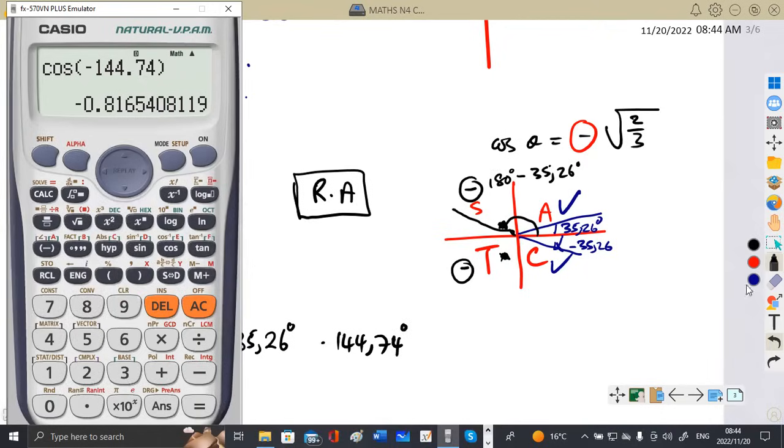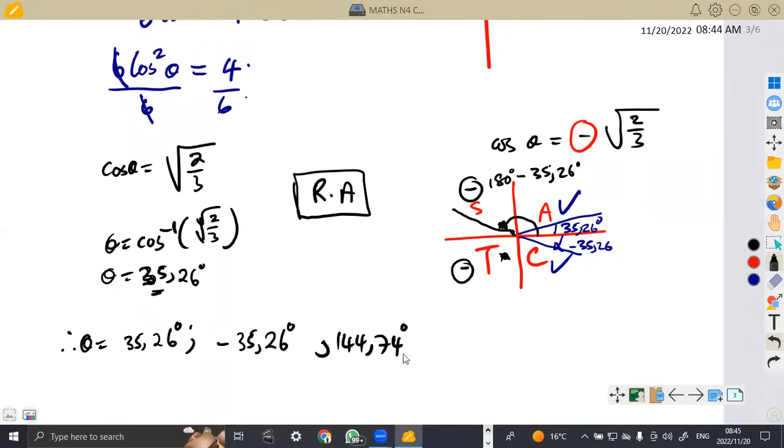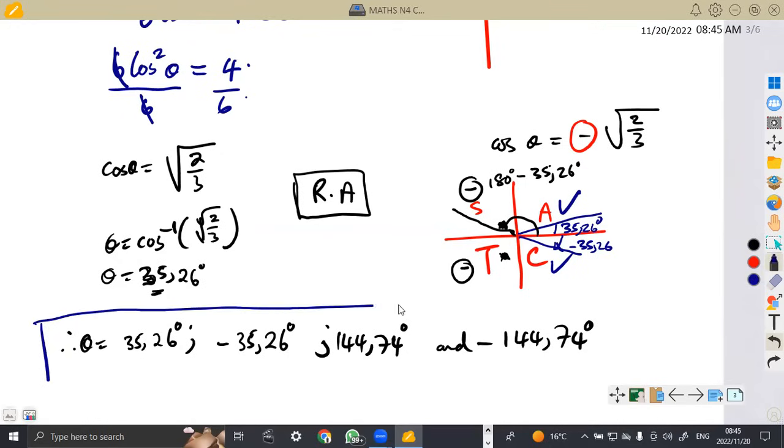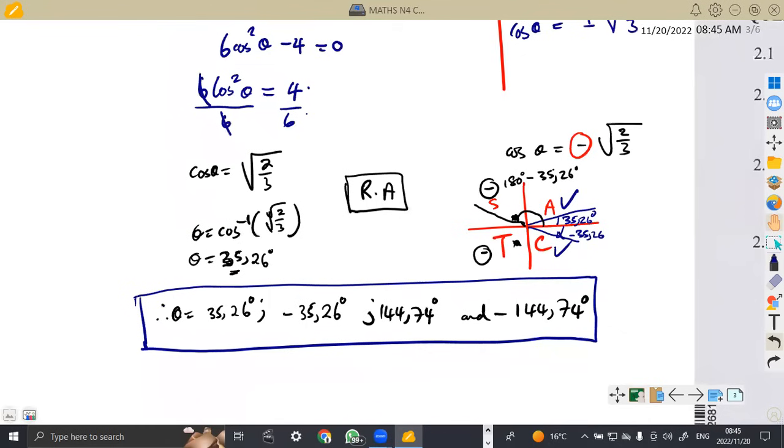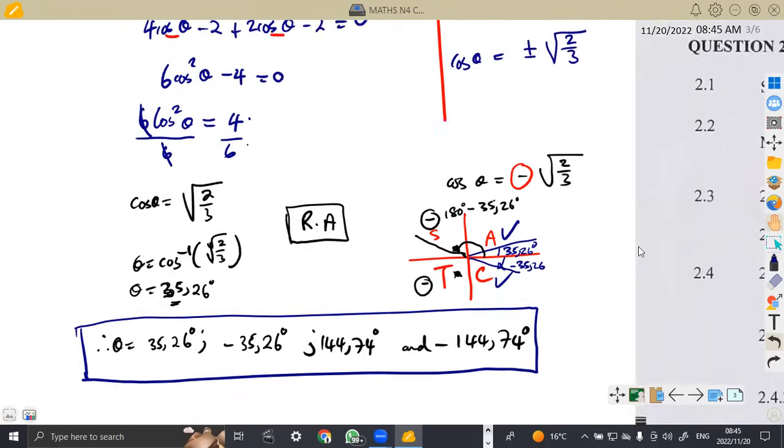Which means the negative was also going to be part of the answer here. So negative 144.74 degrees. So these were the values of theta that we were going to have from minus 180 up to 180. So that was it, guys, to solve the trig equation that we're given.